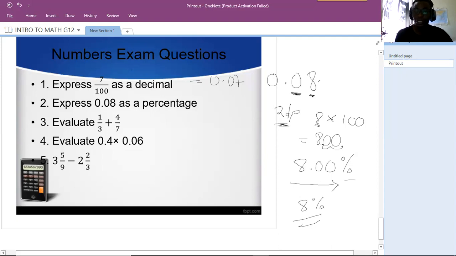Then we multiply 8 by 100, we got 800. Then now we remember our 2 decimal places. We add the decimal point at the end of this whole number 800 and we move 2 times, 0, 1, 2. We got 8.00. These zeros are not significant, so it's just 8%.